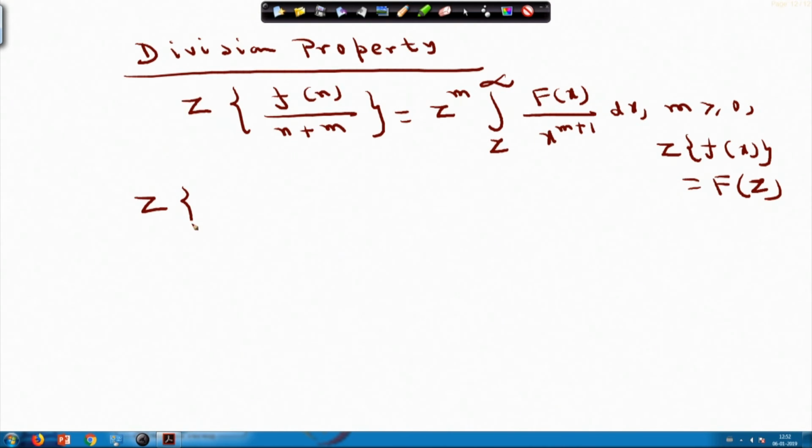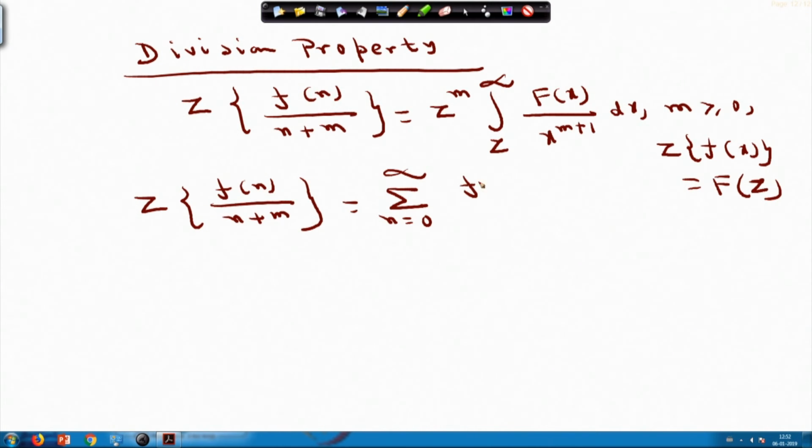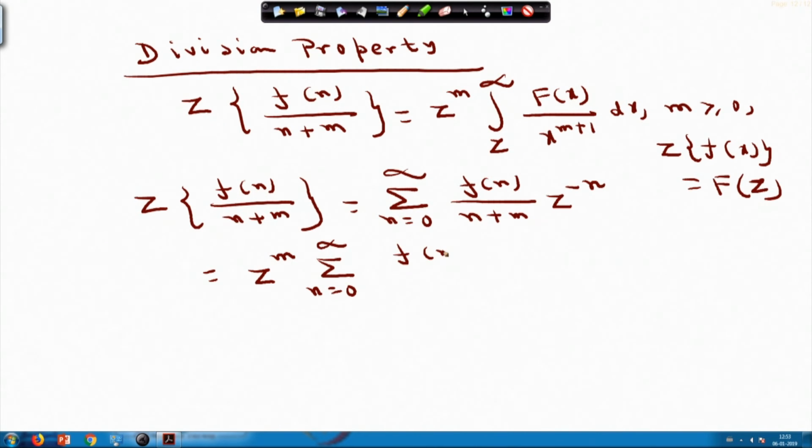To prove this one, let us start with the left hand side. The Z transform of f(n) by n plus m, from the definition, is summation n equals 0 to infinity f(n) by n plus m into z to the power minus n. Here again I can write z to the power m, multiplying inside so that it becomes z to the power minus of n plus m.